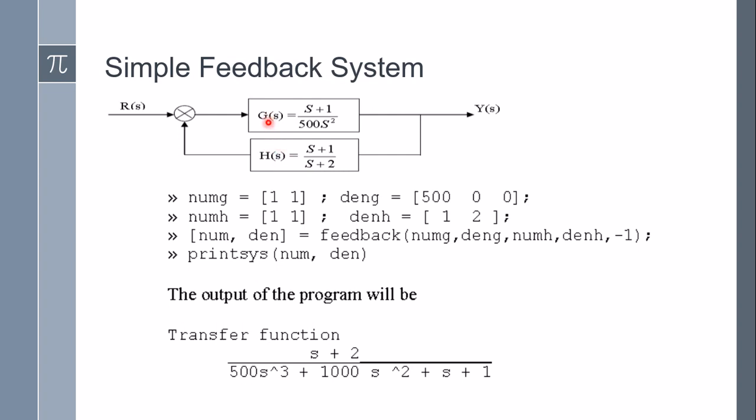In order to differentiate the forward gain and the feedback gain, the terms are represented with the script letters G(s) for the forward path and H(s) for the feedback path. And this is the summing point where the signals are combined, that is, two signals are combined. Here R(s) is one input signal, and the other signal is the output of the feedback block.